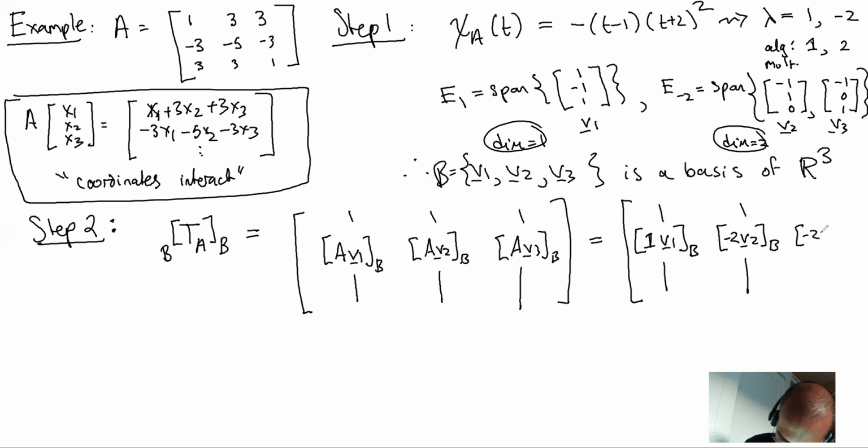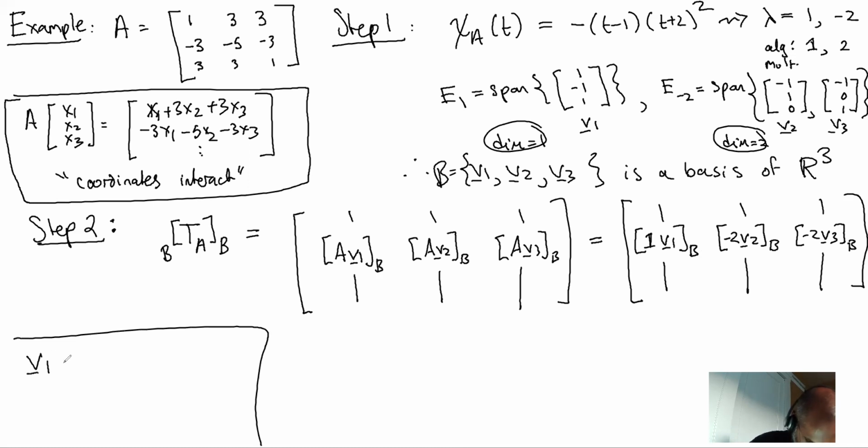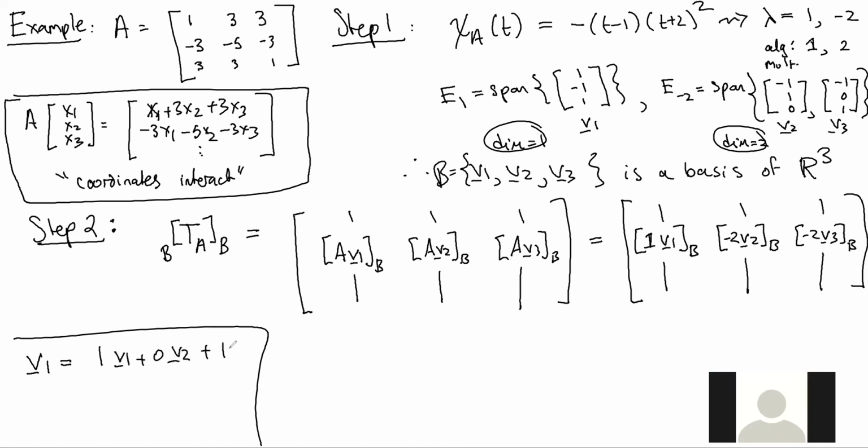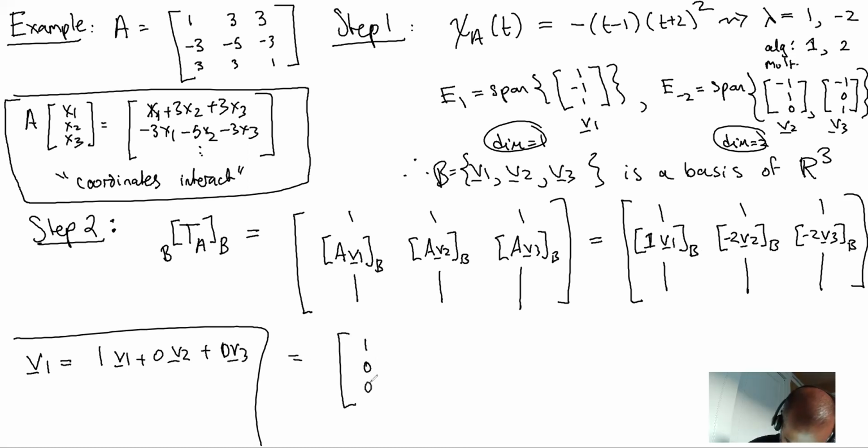And negative 2 times V3. But now, what are the coordinates of these vectors in the B basis? How do you express V1 as a linear combination of V1, V2, and V3? 1, 0, 0. Yeah, 1 V1 plus 0 V2 plus 0 V3. So the first column is just 1, 0, 0. Similarly, the second column is just 0, minus 2, 0. The third column is 0, 0, minus 2. And that's a diagonal matrix.